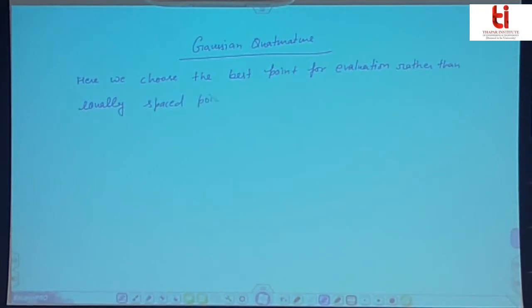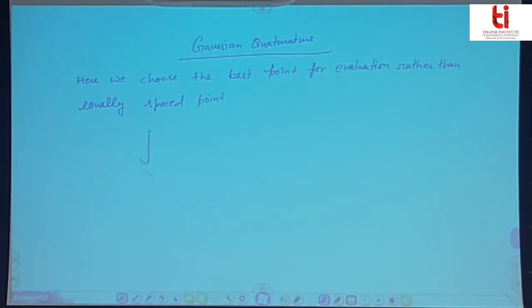So in the Newton-Cotes formula, we have to choose equally spaced points, but in Gaussian Quadrature, we are not restricted to equally spaced points. We try to find the best points so that we'll get better accuracy. For this reason, this Gaussian quadrature formula is more accurate.